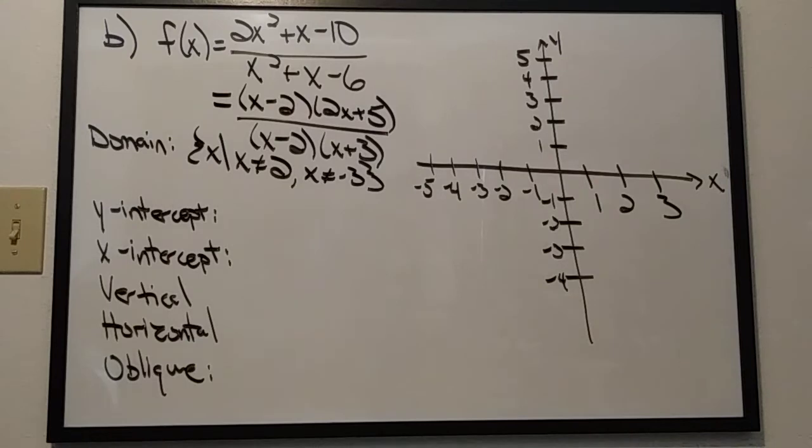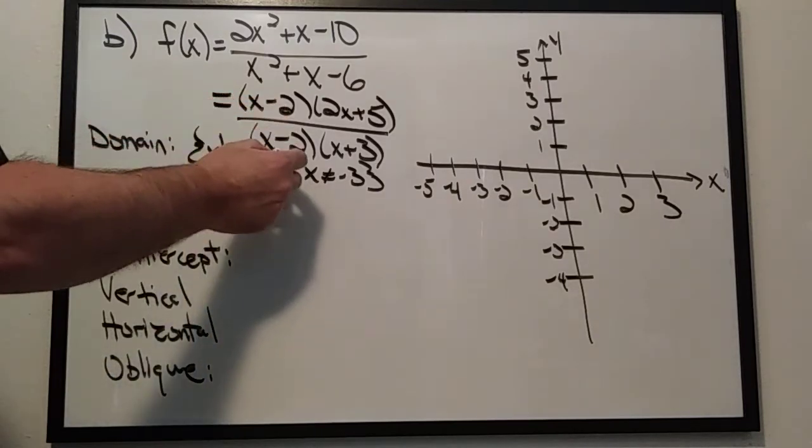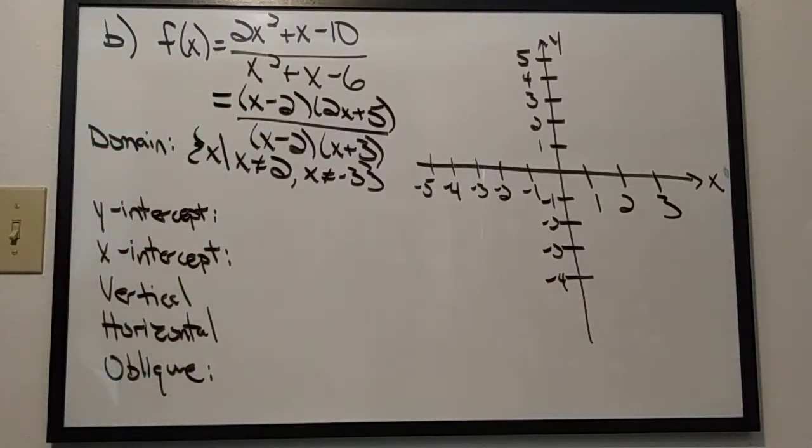Now our next step, before we talk about all the other pieces, and in particular the asymptotes, is to think about factors that are common to the numerator and the denominator, and we need to cancel any factors that are common. So as you look at this particular problem, notice that the x minus 2 does show up in both the numerator and the denominator.